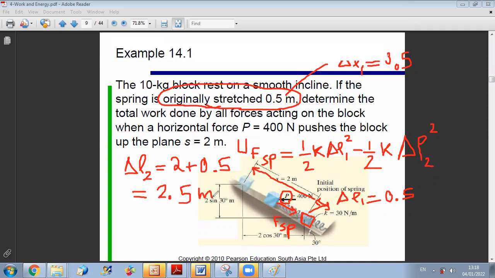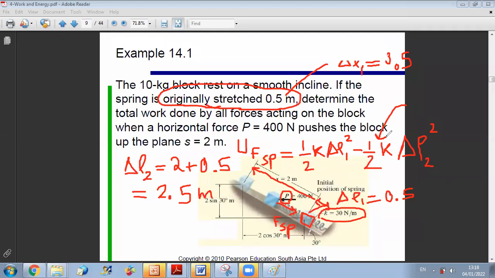Okay. And since I know the stiffness K is given, and I determine delta L1, delta L2, all I have to do is to replace back in this formula. And do you expect that the work of the spring will be positive or negative? Negative. Okay. Look, when the block is moving up, the spring is doing on it an action downward. So it's trying to oppose its motion, okay?